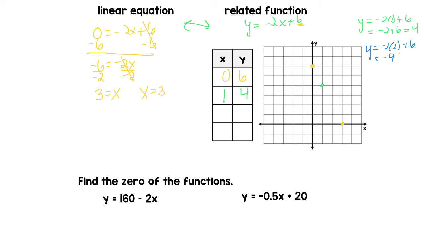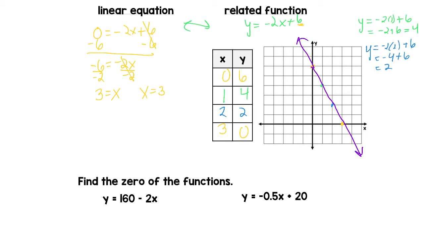Well, that's negative 4 plus 6, or 2. So when x is 2, y is also 2. And last but not least, we already know that when x is 3, y is 0. We found that before. So we can connect these with a line, something like that.